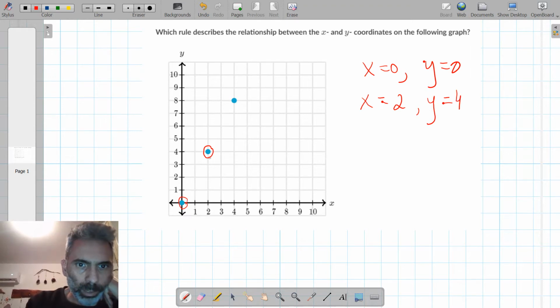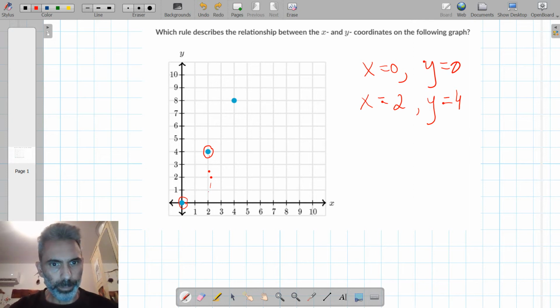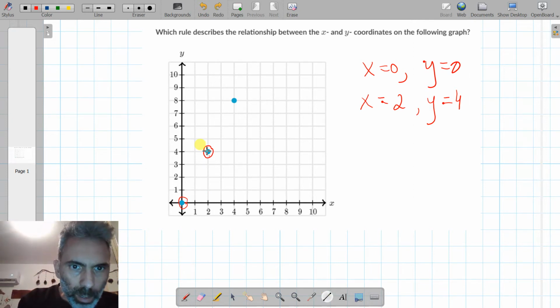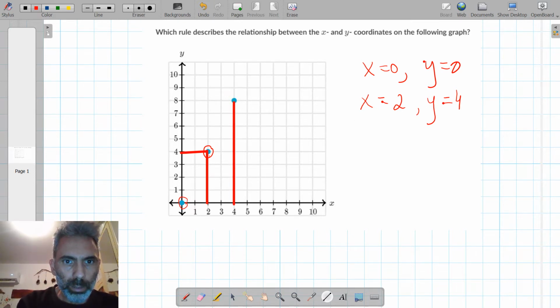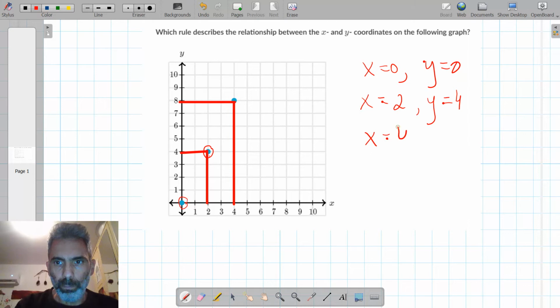Okay, x is 2 and the y is 4 for the second point, and for the third point the x is 4 and the y is 8.